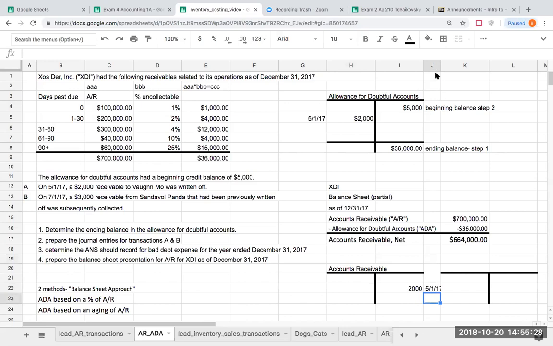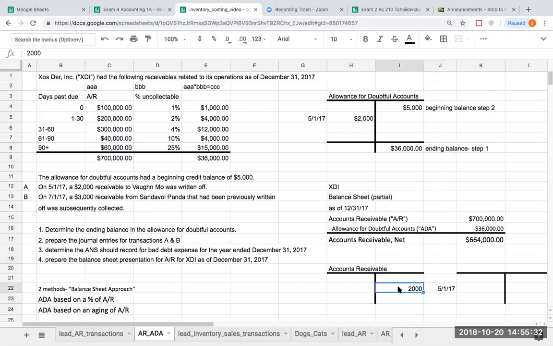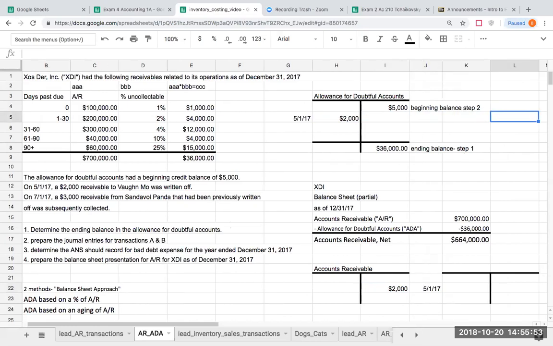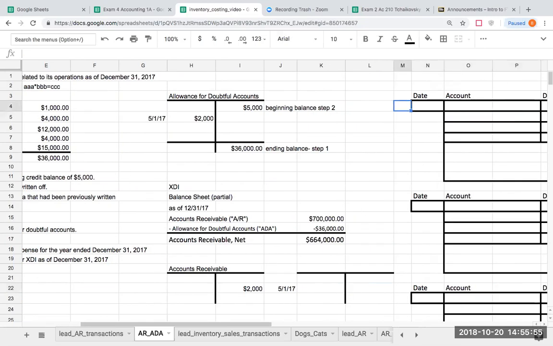And I want to be really clear to you, don't worry about putting the $700,000 down here. That's not for this class. So again, I don't want you to be worrying about that. This is really just here to show you and illustrate how we're handling different types of functions. So we have here this debit to the allowance for doubtful accounts, credit to accounts receivable.